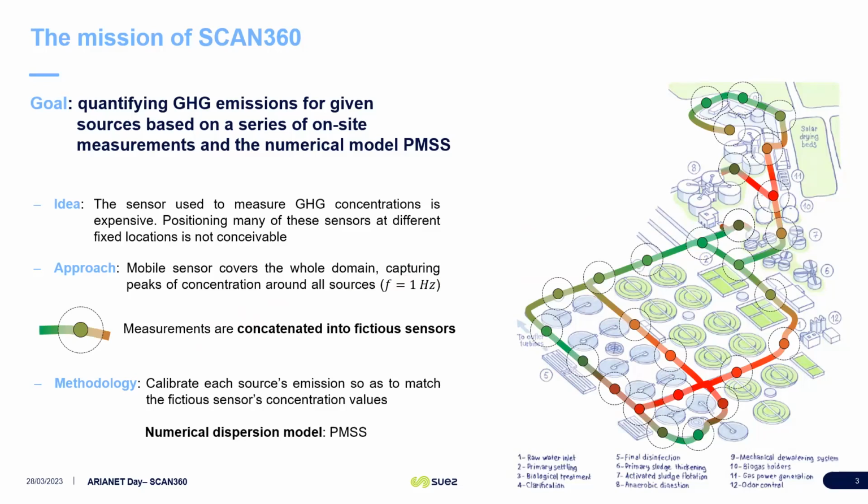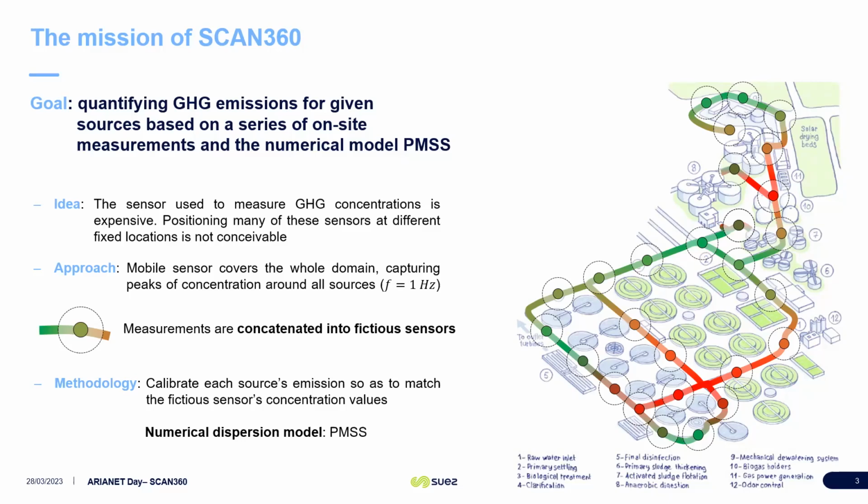These sensors then allow us to compare our results from our numerical model to these values in order to evaluate if our emissions have been calibrated correctly, or in the contrary case, if it still needs some more calibration.